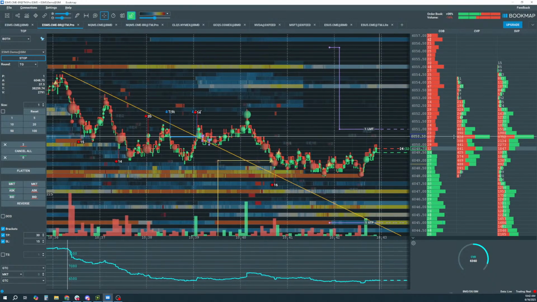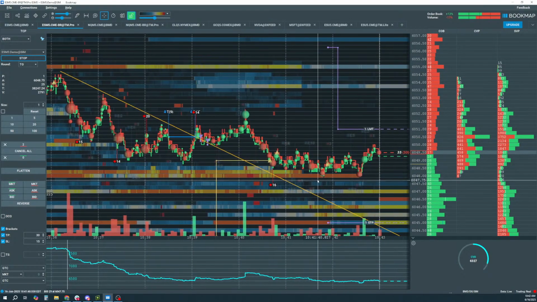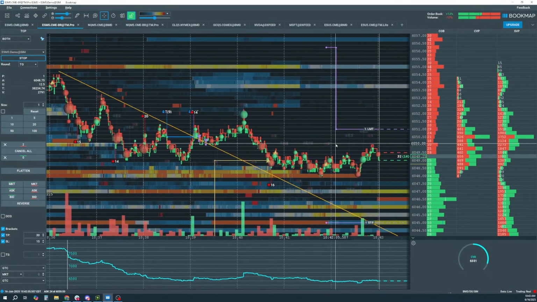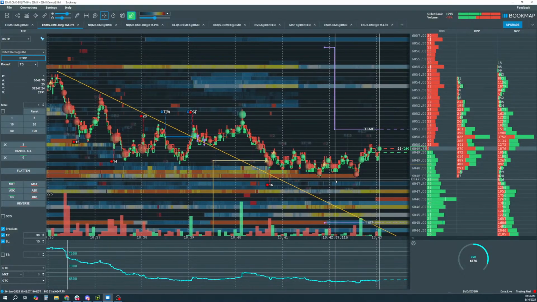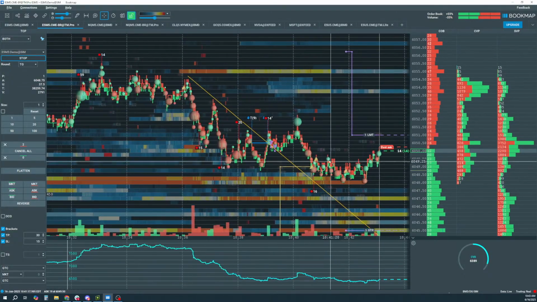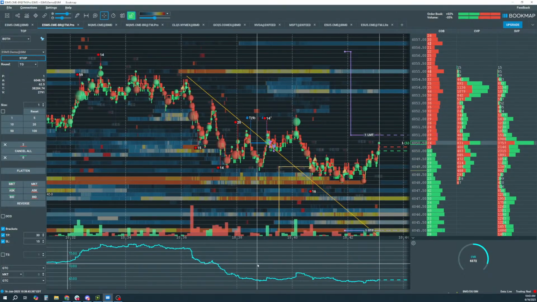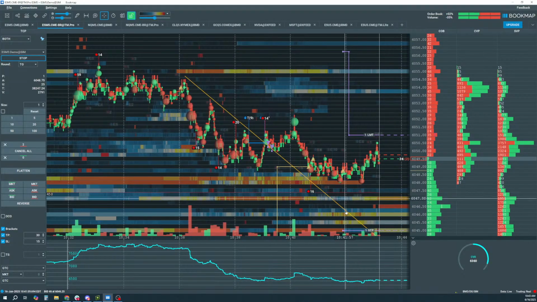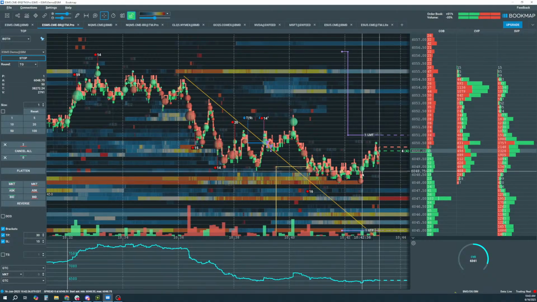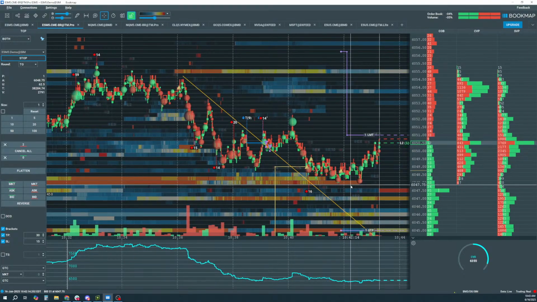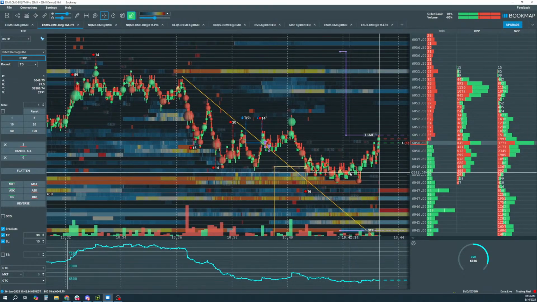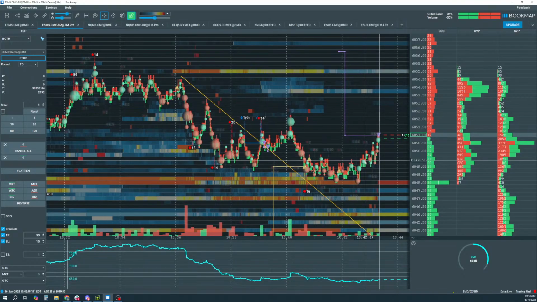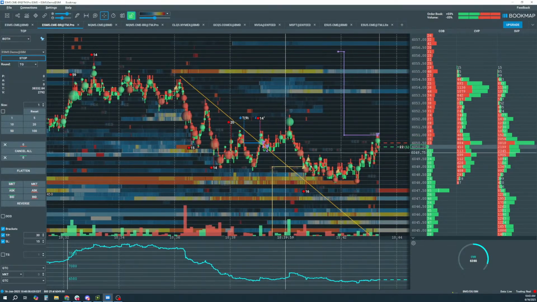Okay, and that's a high volume node up here, close to it. Okay, so we're filled on that. So I mean, you guys can get my point, right?